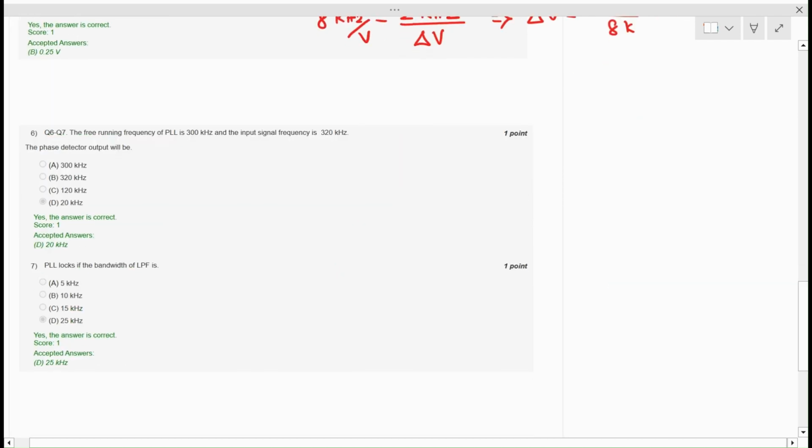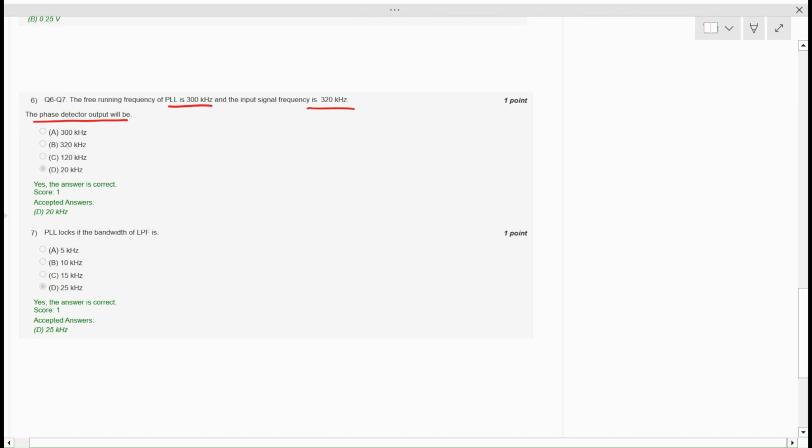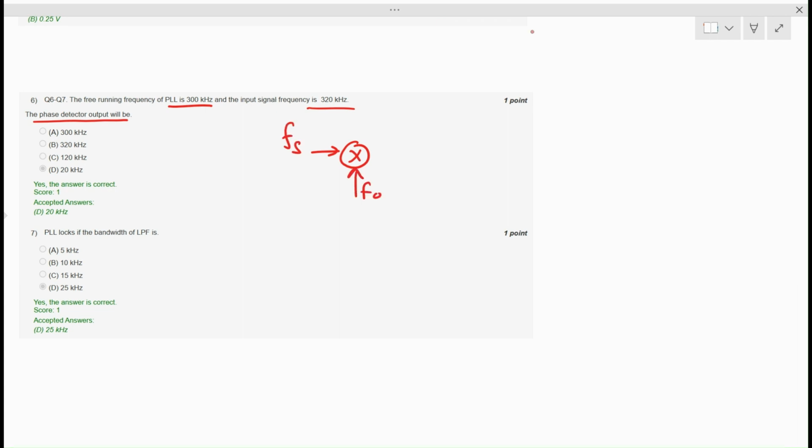Question number 6. The free running frequency of PLL is 300 kilohertz and the input frequency is 320 kilohertz. What is the phase detector output? For PLL, the phase detector is simply the multiplier. Fs is the incoming frequency, F0 is the frequency from VCO, and the multiplier produces Fs plus F0 and Fs minus F0. That is given to the low pass filter, which allows only Fs minus F0.